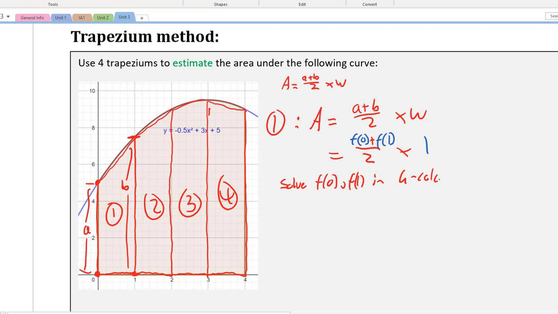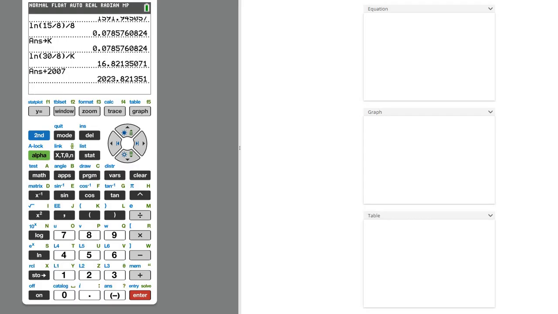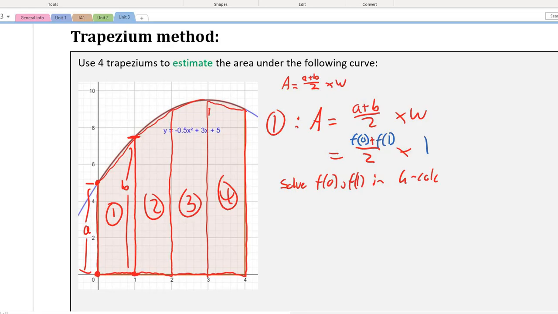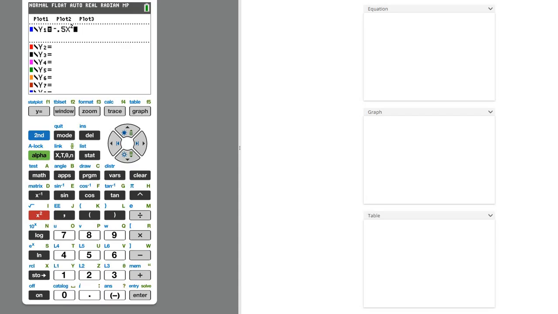If I go to my graphics calculator, I go to y equals. Let's clear these out because I don't want to have random junk in there. Negative 0.5x squared plus 3x plus 5. So I've got my formula there, and I'm just going to look at my table values, guys. Makes it way easier.